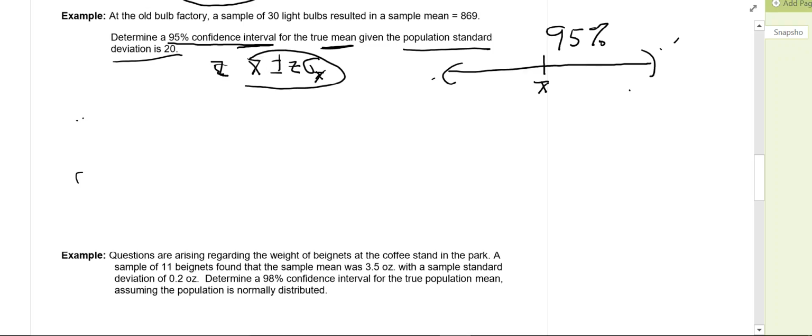So we need to know what X bar is. That comes from the problem, right? 869. We need to know what Z is. Z is the Z score associated with a 95% confidence interval. If you look that up, it turns out to be 1.69.